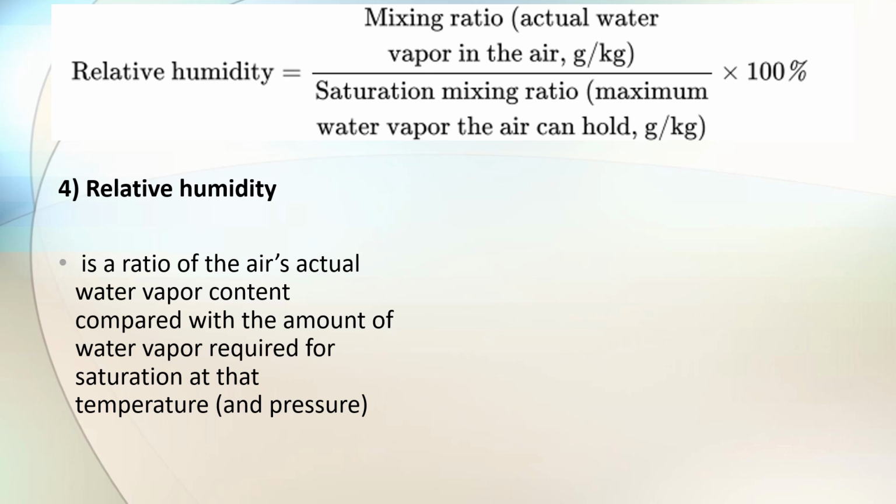So it's not always the case that air with higher relative humidity has a greater water vapor content compared with a lower relative humidity, because very cold places are also very dry.